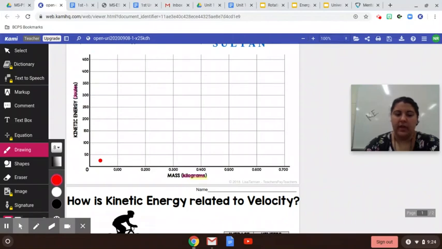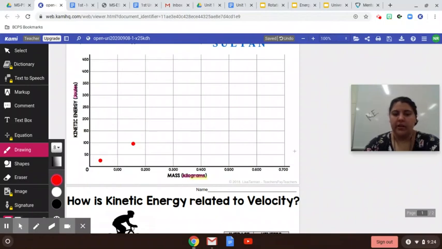And then we said we had 96 joules. So we're going to go from this spot just straight up. Okay, this line is 100, but we're a little bit less than that. So I'm going to put my dot right about here. Okay, and all I'm doing is just using the drawing tool, and I have it on 8, and I'm just clicking wherever I want it.